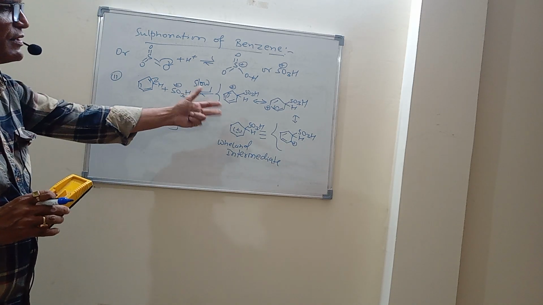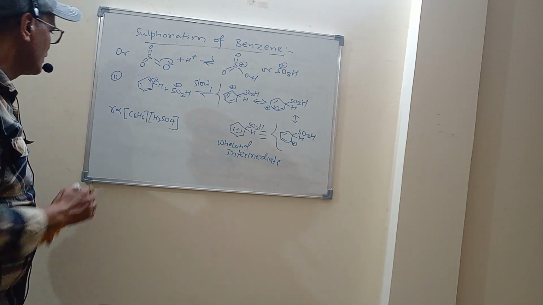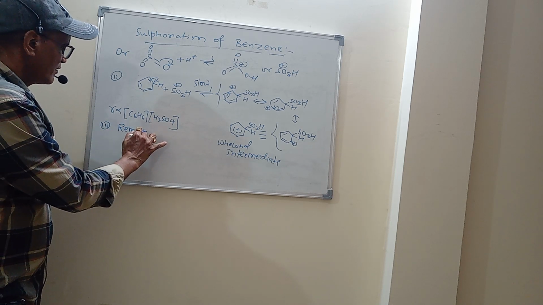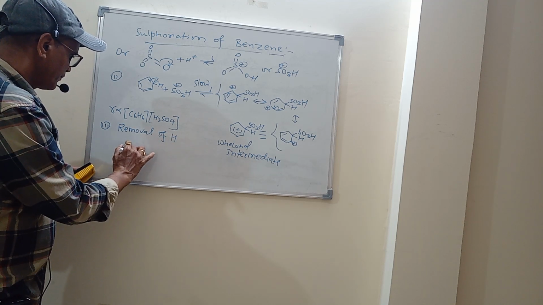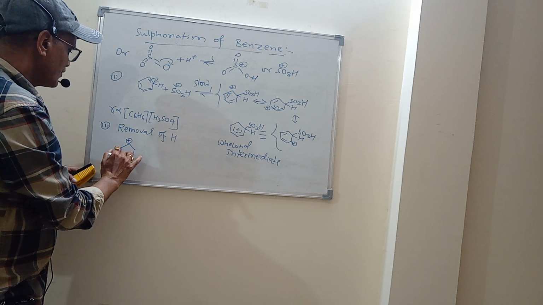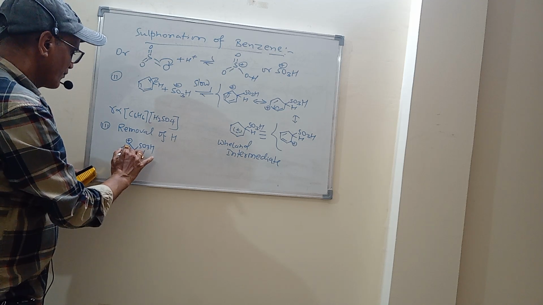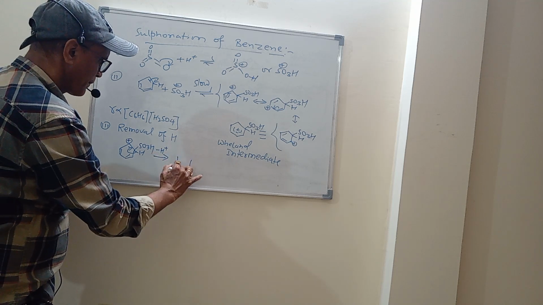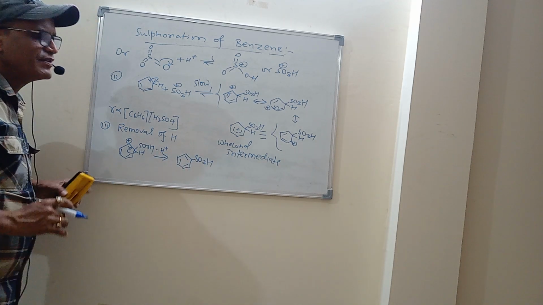And the third step will be, we can consider any of these three structures. A removal of hydrogen will be there. So in the third step, a removal of H, and we can consider this species, H is removed, and as a product we are getting here benzene sulfonic acid.